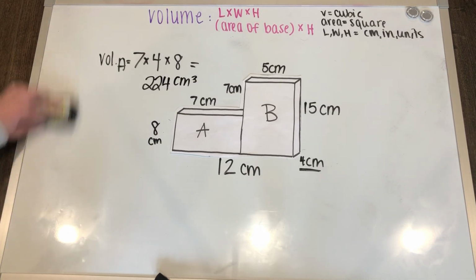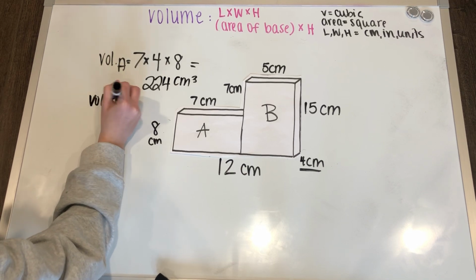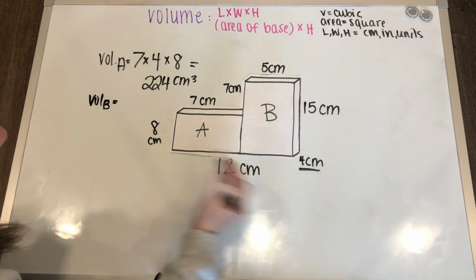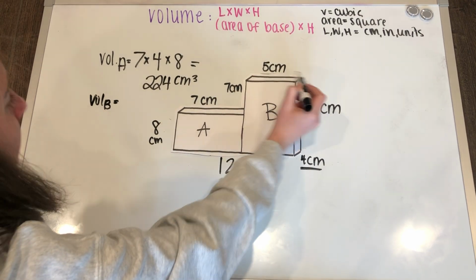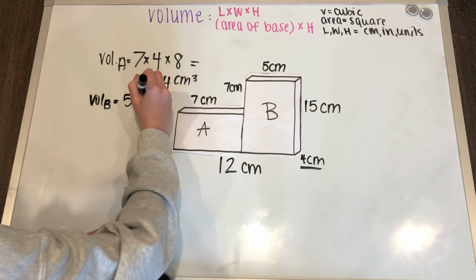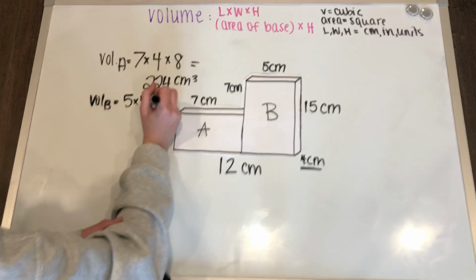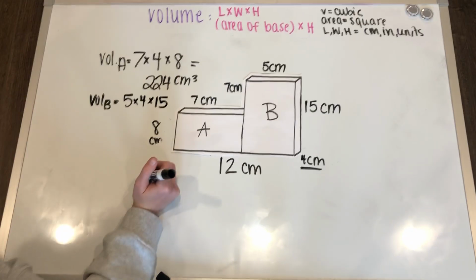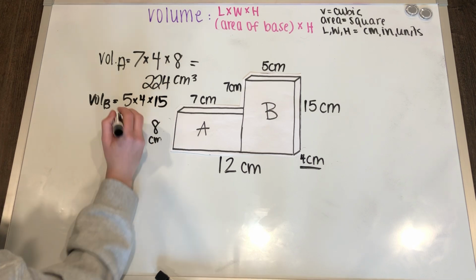Now let's find volume B. Well, let's see, what's the length? Is it 12? No, that's the total, but here is the length, so 5. The width, again, is 4. And the height of prism B is 15. So we multiply that, 5 times 4 is 20, times 15.